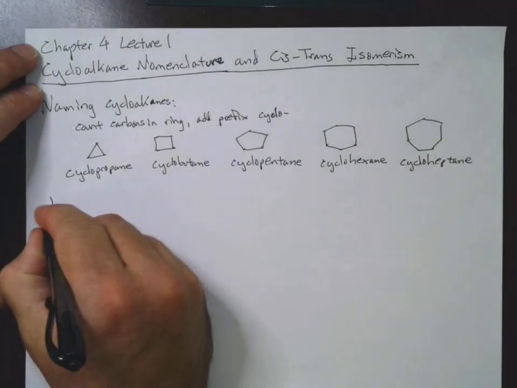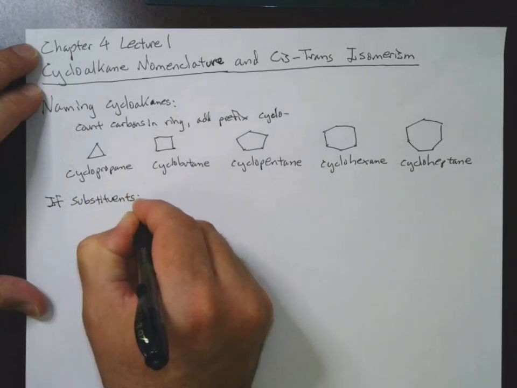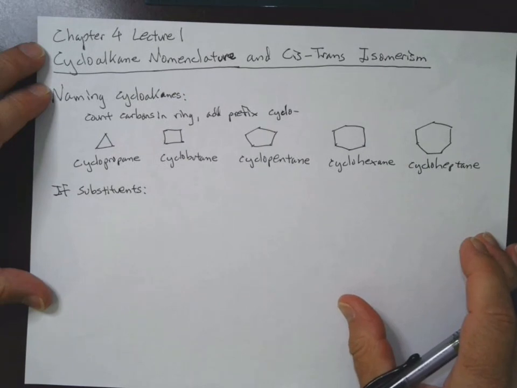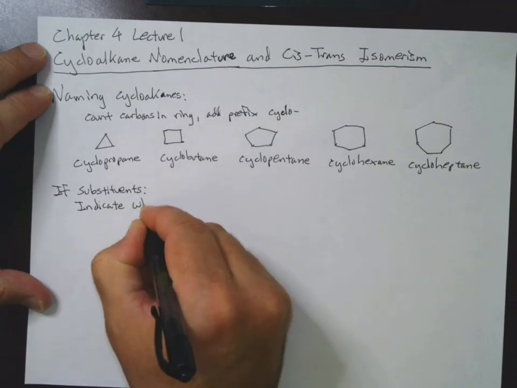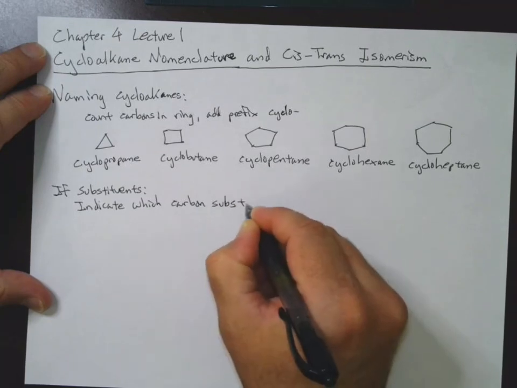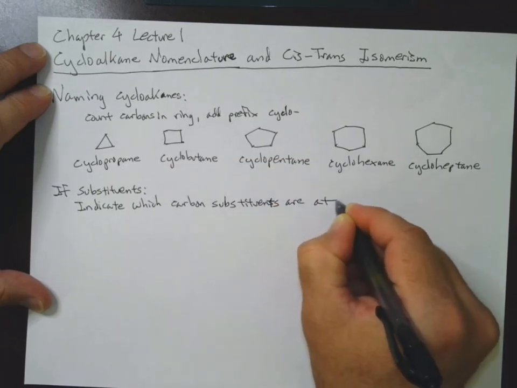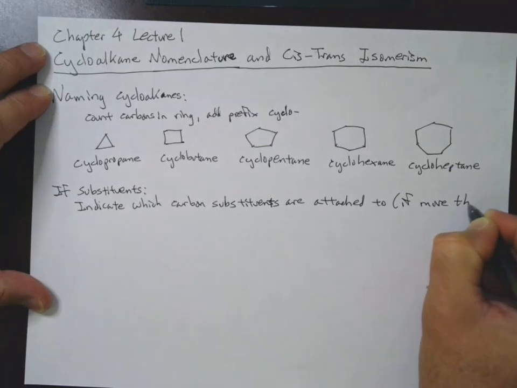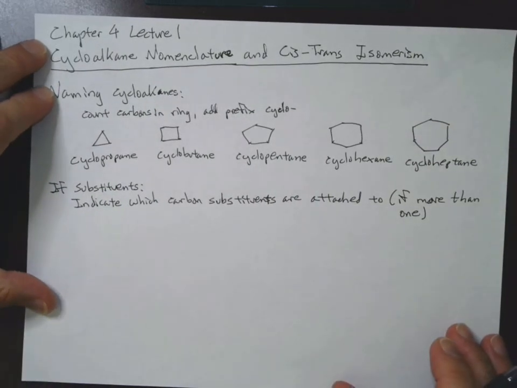Now, if we have substituents, we need to indicate which carbon these substituents are attached to. And that really only applies if we have more than one substituent.